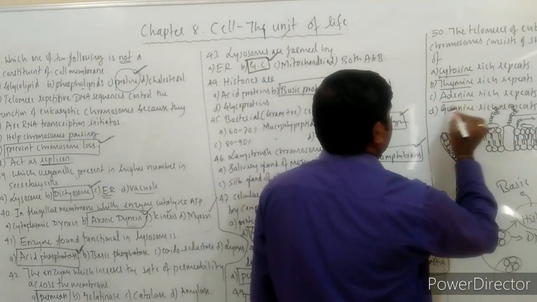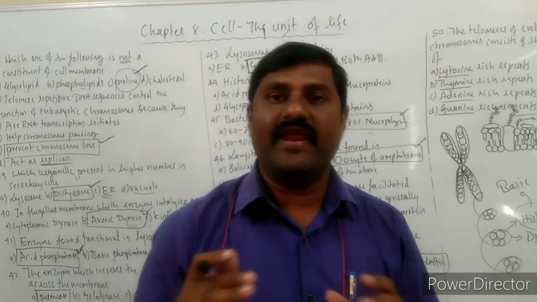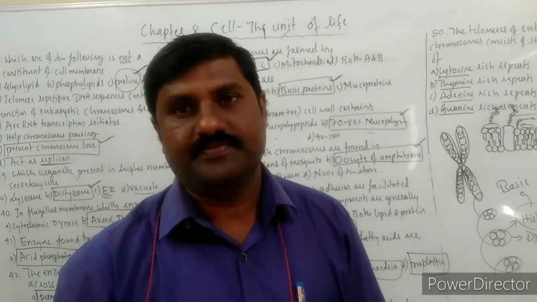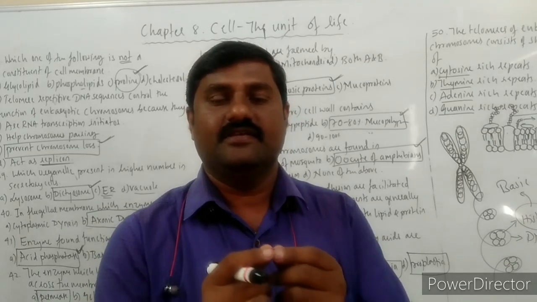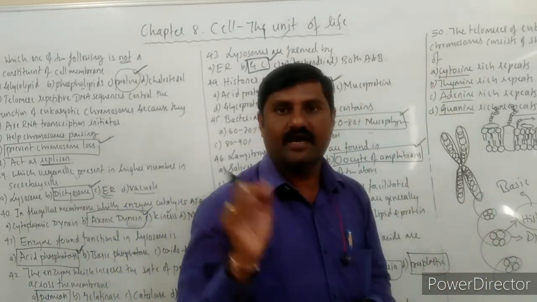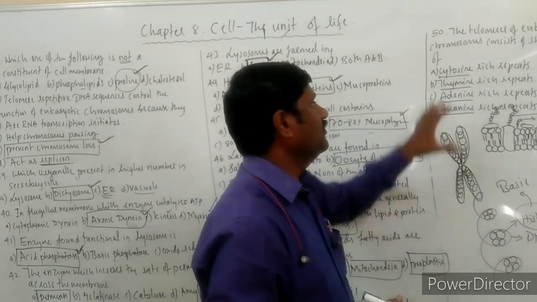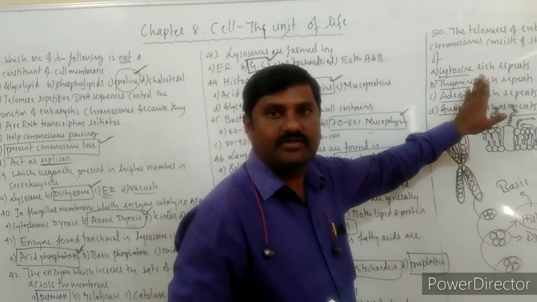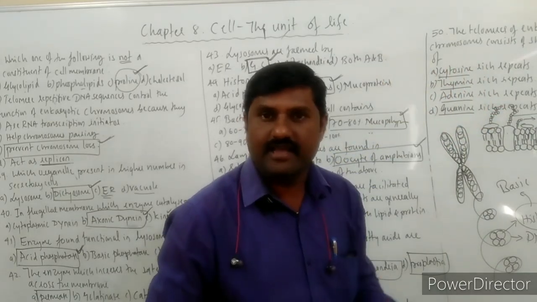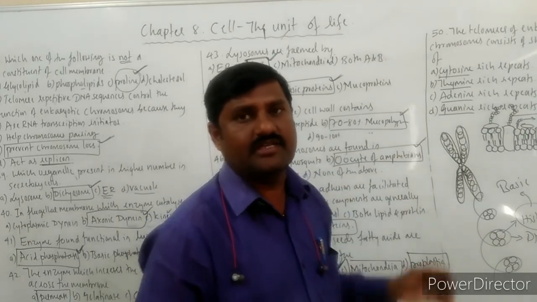These nitrogen bases are the components of the DNA itself. DNA is a sequence of these nitrogen bases. You may not know all these nitrogen bases and how they are arranged in the DNA, but still he has asked the question here.